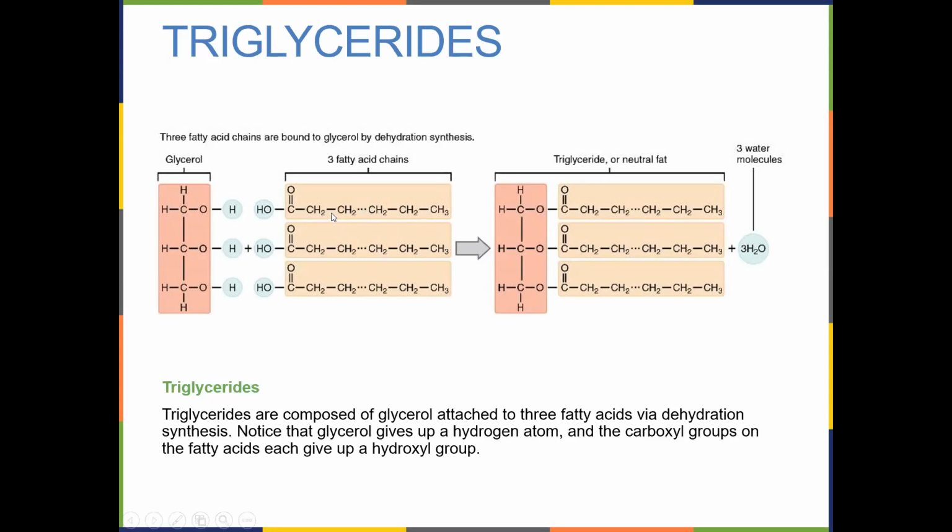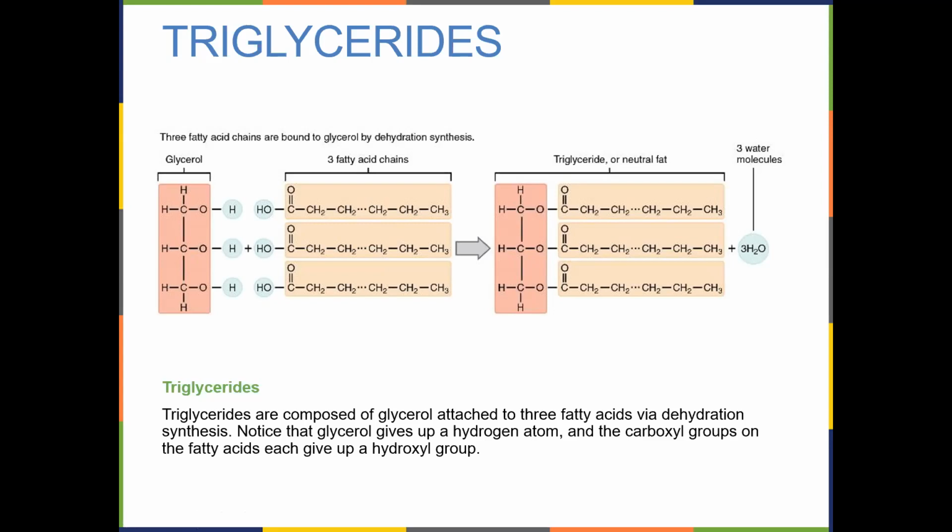So we have 3 fatty acid chains. The chain is nothing but a whole bunch of carbons and hydrogens linked together covalently. Because look, carbon and hydrogen, carbon and hydrogen, and so on, 20 or 30 of these linked together.